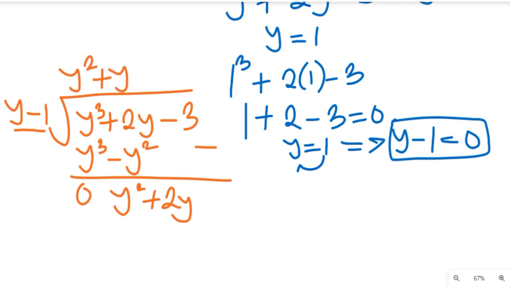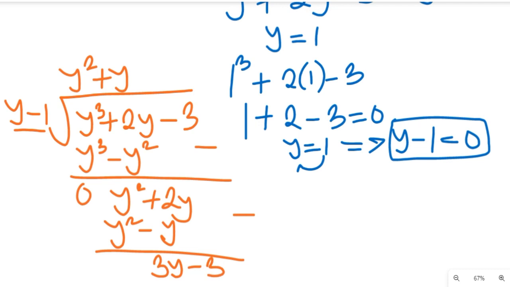So y times y will give us y squared, plus y times minus 1 will give us minus y. That, if we subtract, is going to give us plus 3y minus y, which is 3y. Then we'll bring that negative 3 down.